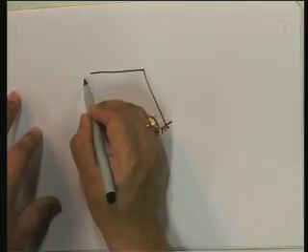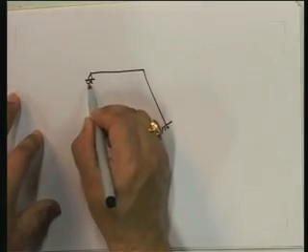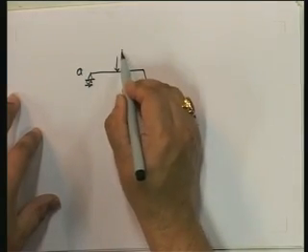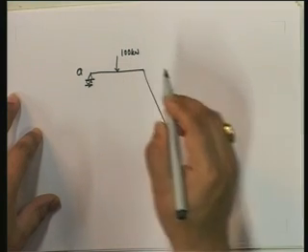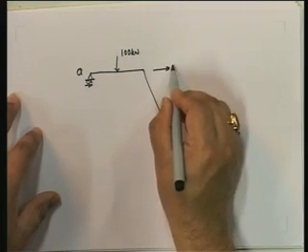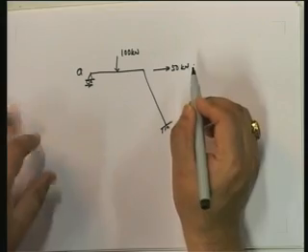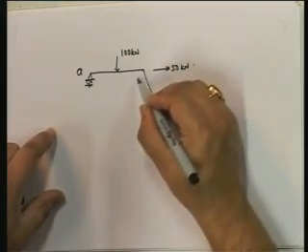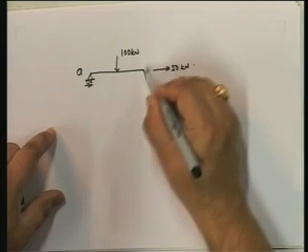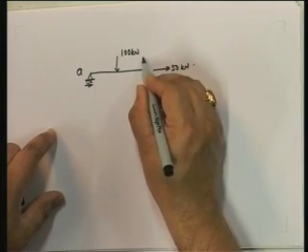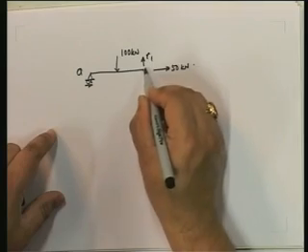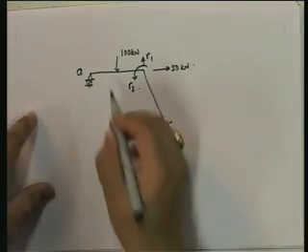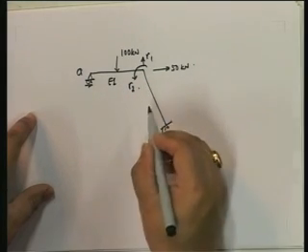Now you see this point can actually move in this direction. So instead of the horizontal, I'm going to define the vertical as my displacement degree of freedom. You can define it horizontal also, there is no problem.